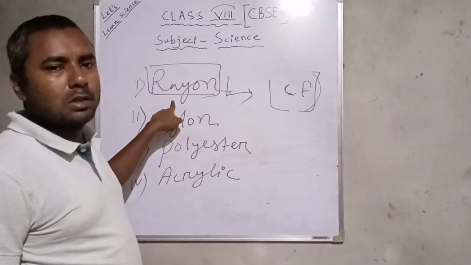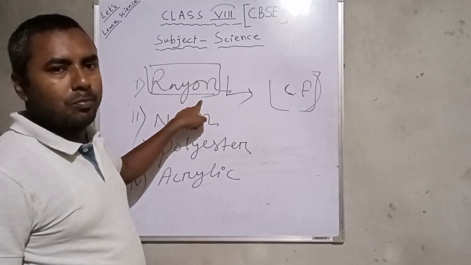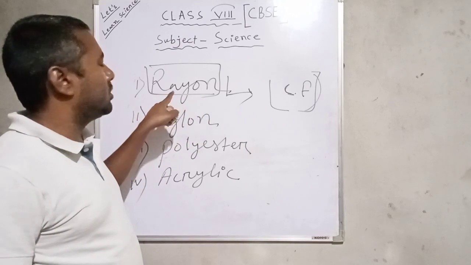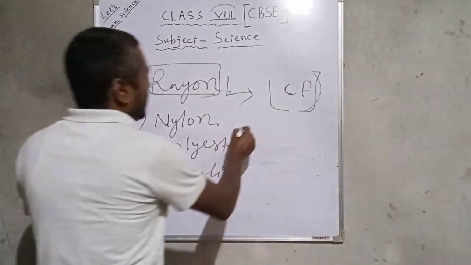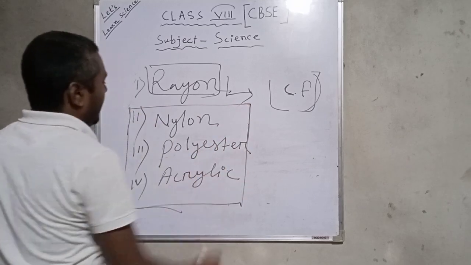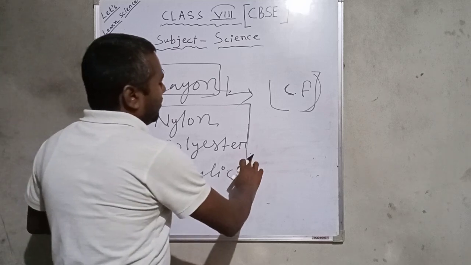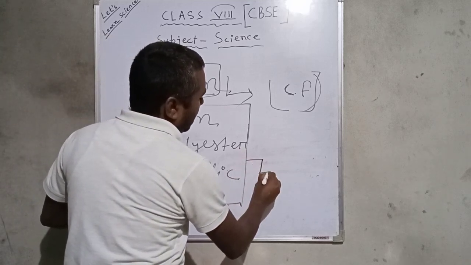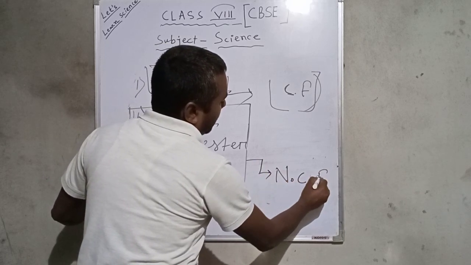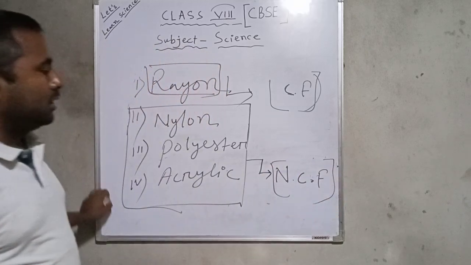What are its properties? What are the different properties that it exhibits? Then what are the uses of rayon? For what purpose do we use this fiber? And the remaining three, nylon, polyester and acrylic, come under non-cellulosic fiber, NCF in short form.